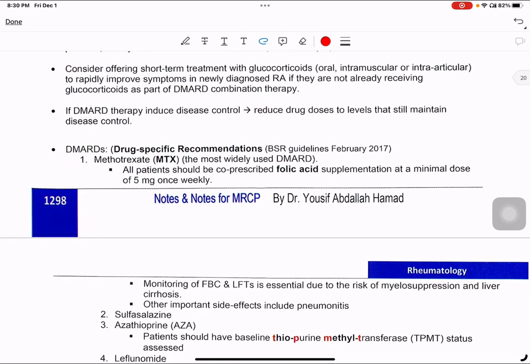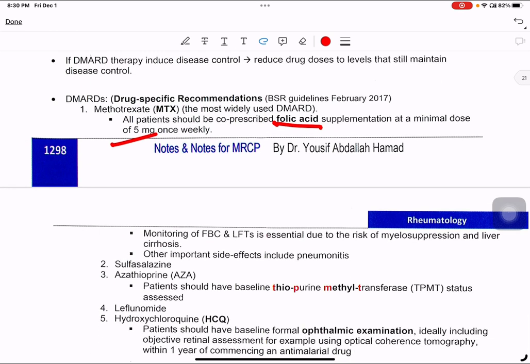Methotrexate is the core DMARD in the treatment of rheumatoid arthritis patients. It should be prescribed with folic acid in a minimum dose once weekly. We should monitor complete blood count, liver function, and respiratory function in those getting methotrexate.